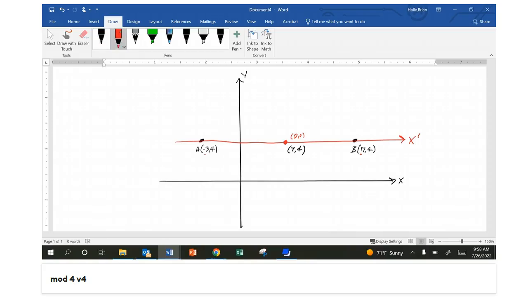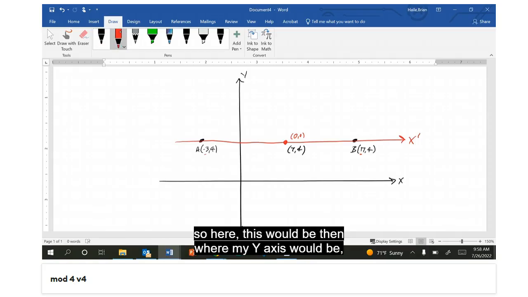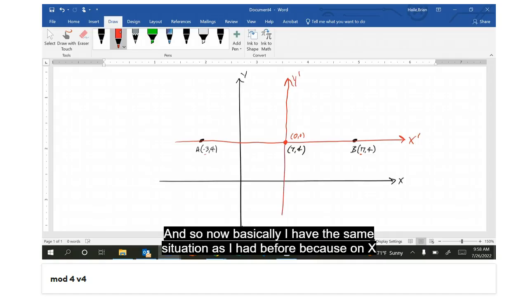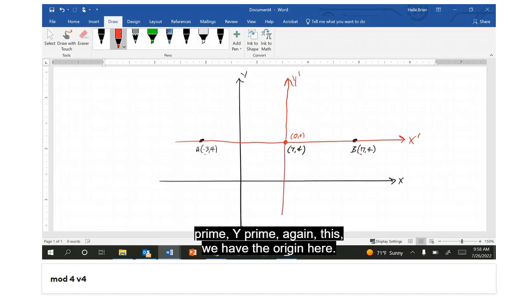So here is where my Y axis, or Y prime axis, would be. Now I basically have the same situation as before, because on the X prime, Y prime plane we have the origin here.